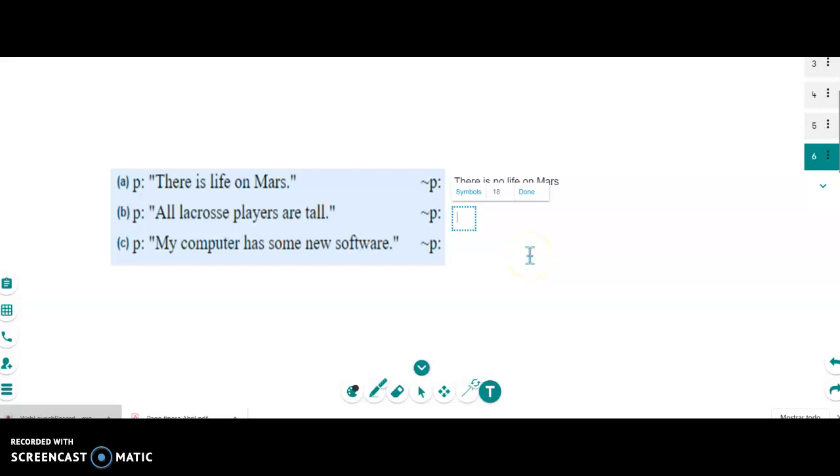We can say all lacrosse players are short. The next one, my computer has some new software. We could say my computer has some old software, which is the opposite. So here we have the denial of these propositions.